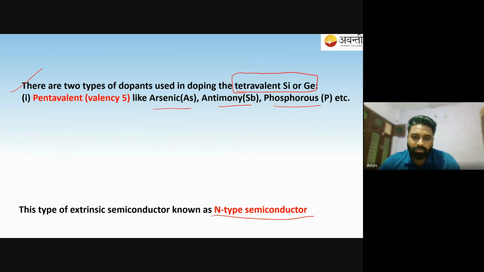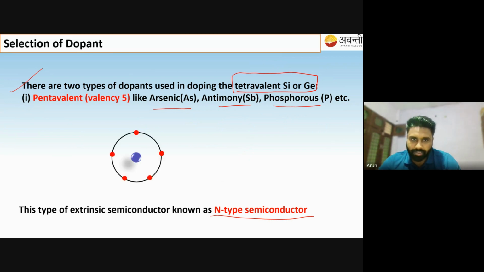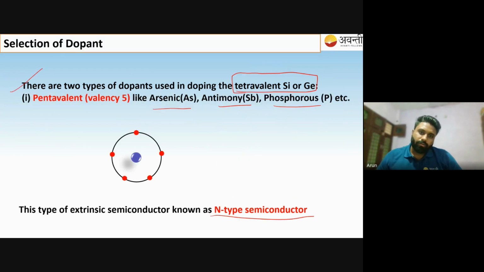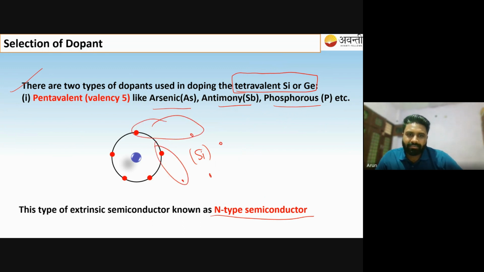And why is it so? Because the impurity has 5 electrons in the valence shell. So when silicon comes into contact with it, silicon has only 4 electrons. 4 electrons will bond with each other, like this, and this also will be like this. Only 1 electron is left free.